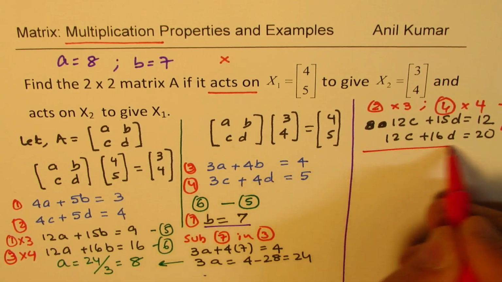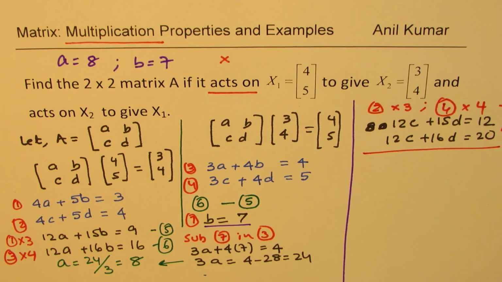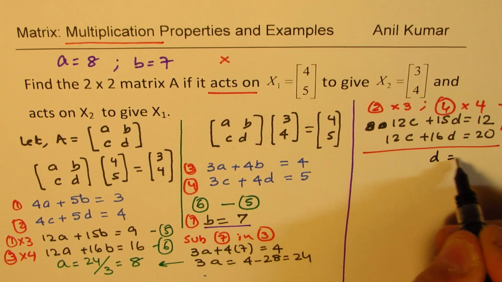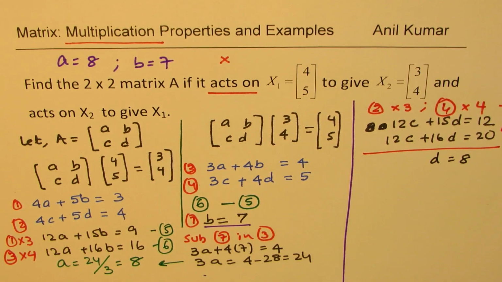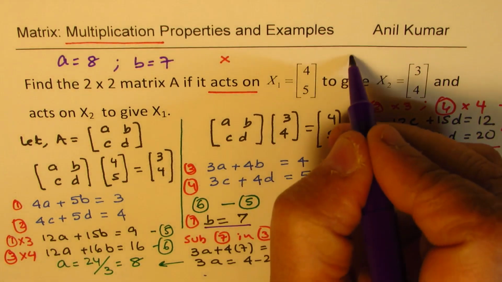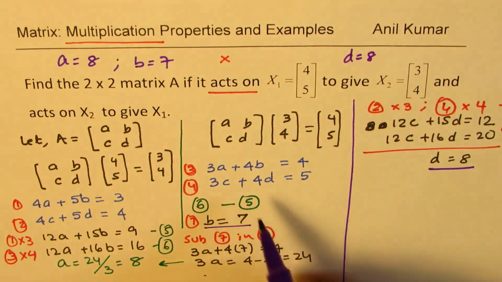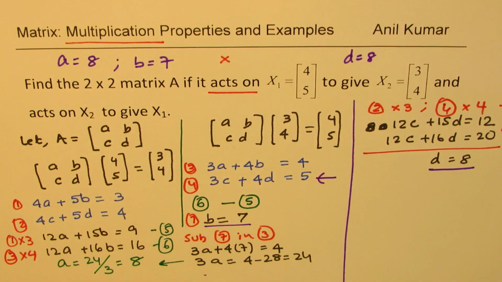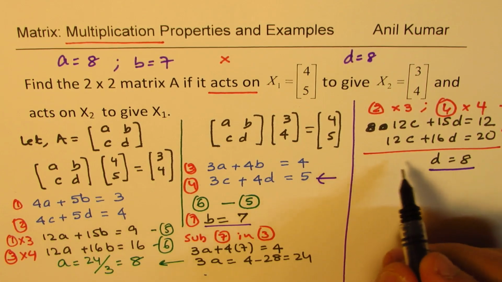Now we can take the difference, which gives us d equals 8. Once you get d equals 8, we can substitute in one of our equations and find what c is. So we substitute d as 8 in equation 4.